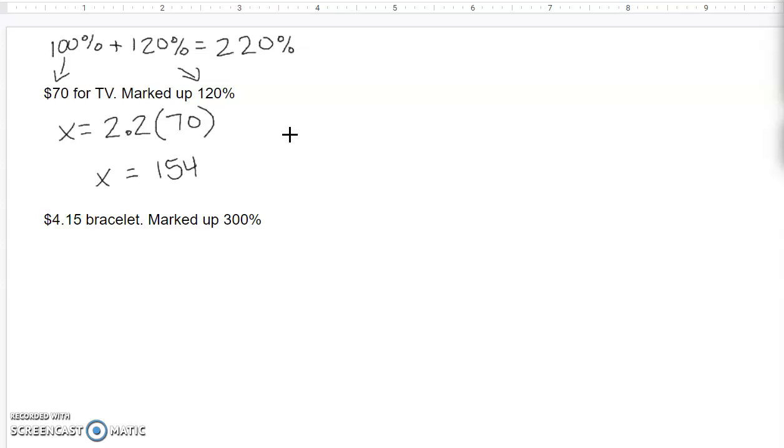Let's say you have a craft business on the side that you make bracelets, and let's say it costs $4.15 to make a bracelet. In order to cover your supplies and your time, you mark it up 300%. So again, I have 100% of this, plus I am marking it up an additional 300%.